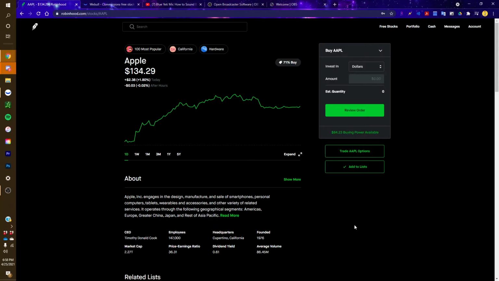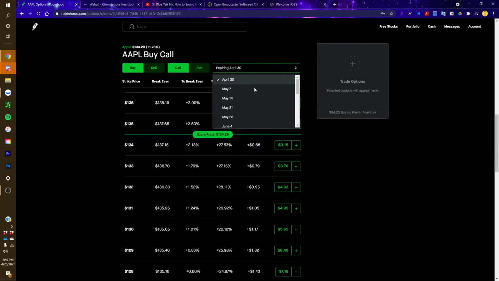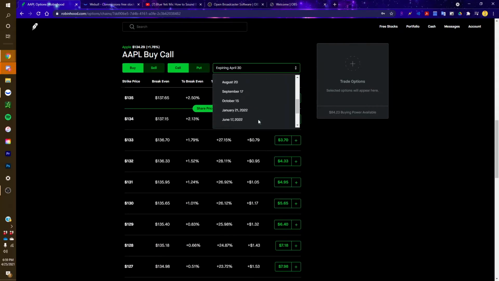All right, let's get into what makes an option move, what makes the option prices move, what is important to an option. So the first is expiration date. Every option contract will have an expiration date. And as you can see here, you can get an option expiring this week. You can get an option expiring all the way out in 2023.